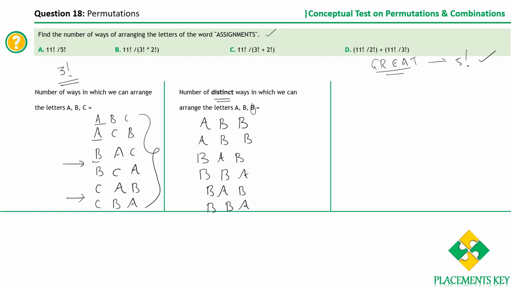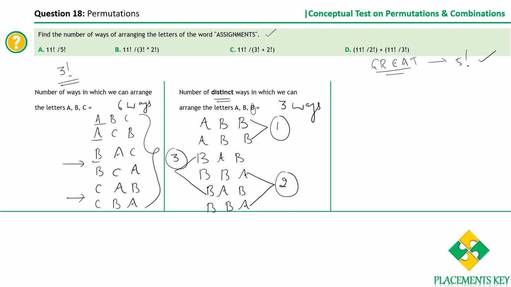Let's see how many unique ways we have now. ABB and ABB is only one way. Next, BBA and BBA is one more way. Then we have BAB and BAB, which is one more way. So totally how many distinct ways do we have? We only have 3 distinct ways out of 6 ways.